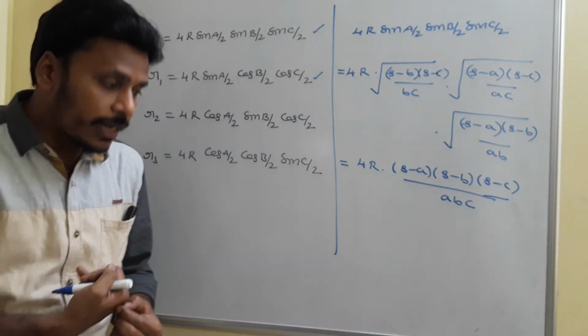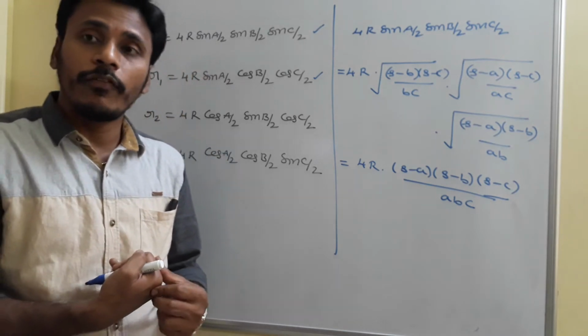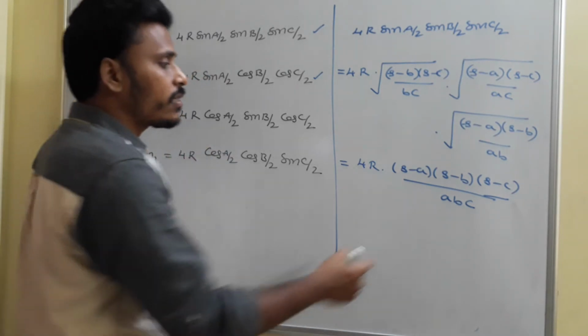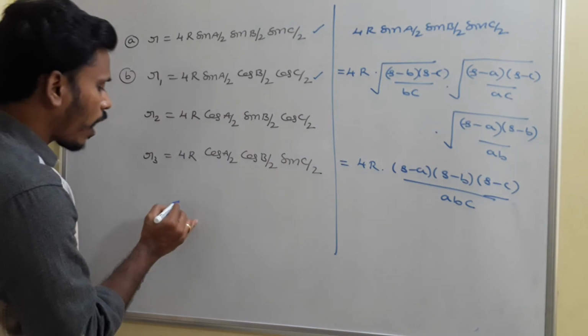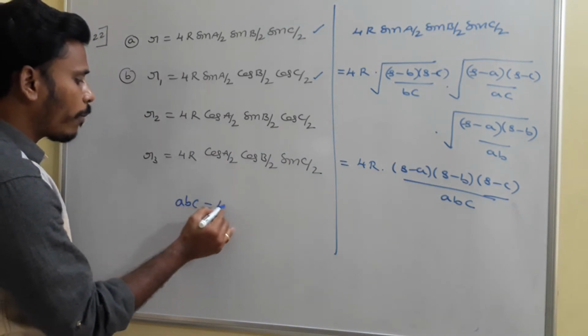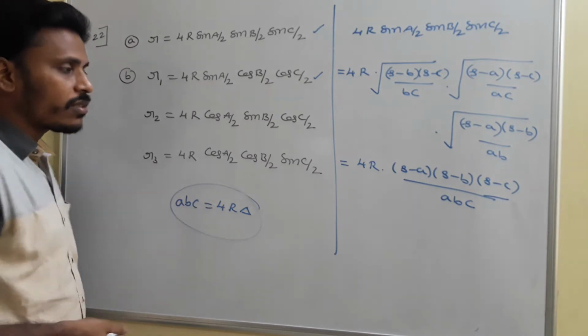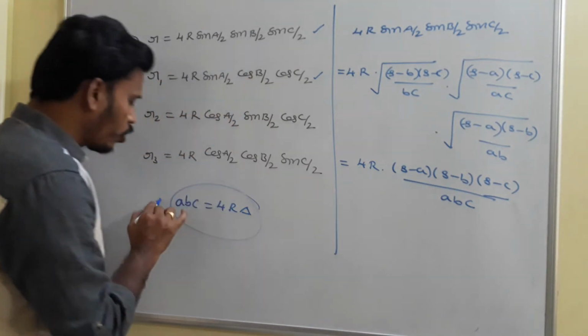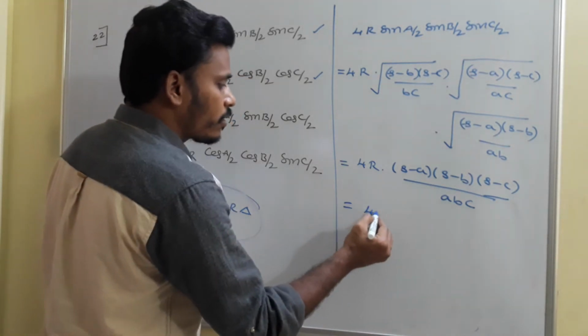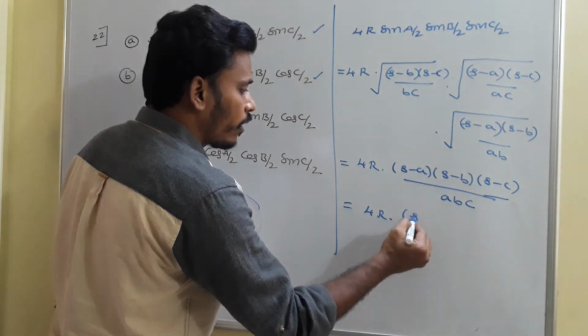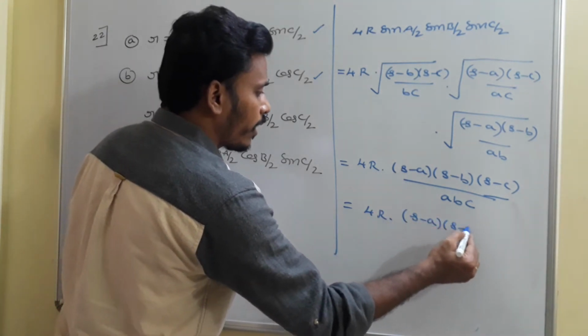And the next idea. Related to the area of the triangle, I mentioned different formulas. Among those, one idea is abc equals 4R delta. You need to memorize all these things and use them whenever required. Very useful one, this. So this is equal to 4R times (s minus a)(s minus b).